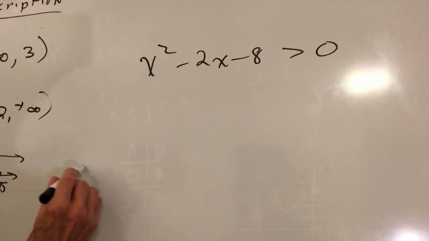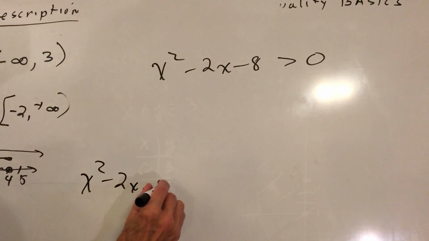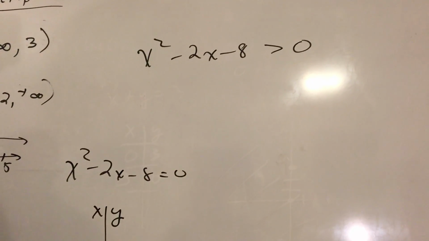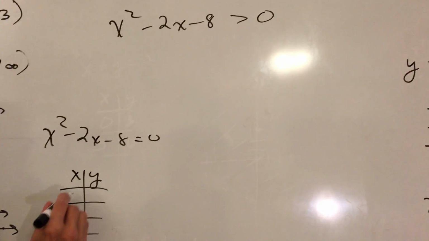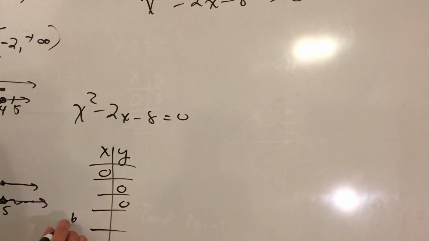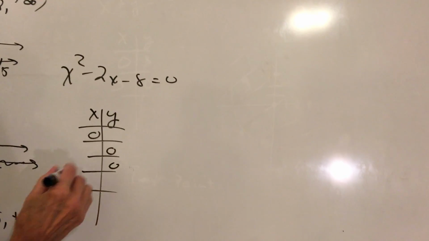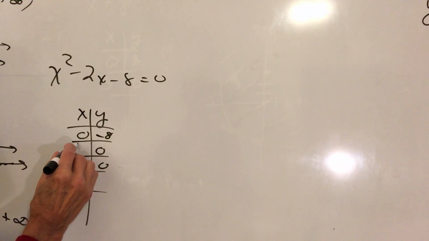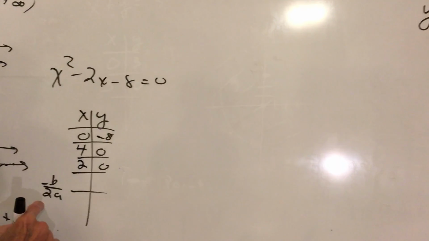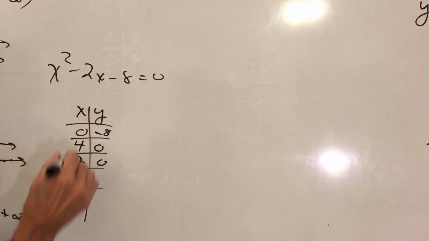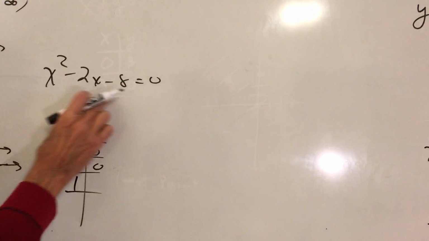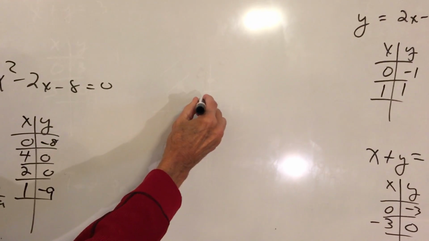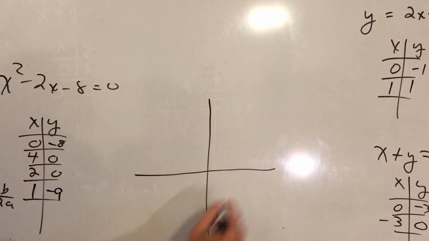Well, again, we make it equal 0. We use our 4-point method. If x is 0, y is -8, if we factor that, we're going to get 4 and 2. And negative b over 2a, that's 1. And 1 would be -9. Did that in a hurry, but here we go.